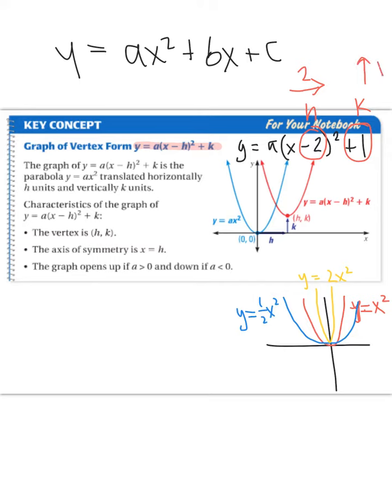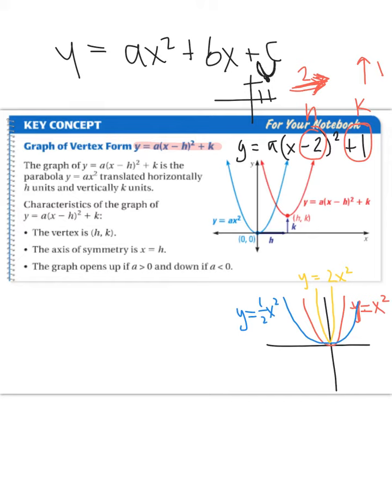The reason we go to the right is usually in the positive direction, even though our 2 was negative, we do the opposite. Negative usually means go to the left, but we do the opposite, so we're going to go to the right 2. So if I was at my origin, I would need to go right 2, up 1, and I would plot my vertex for my parabola.